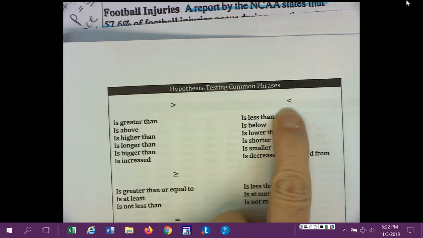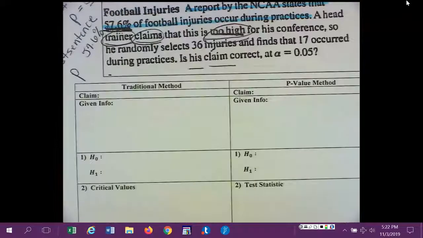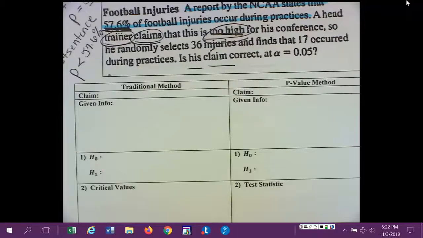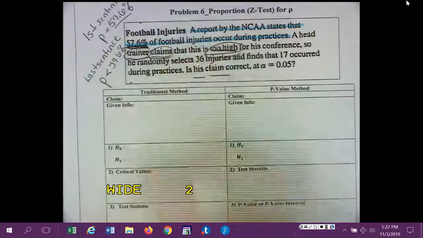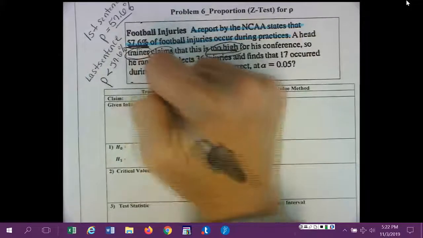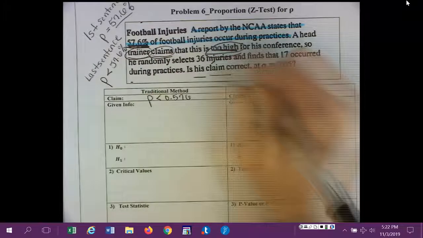If he's saying it's too high, then he's claiming that it's less than for his conference. So, and that can be kind of complicated, but it just has to make sense. Less than. So the claim is row less than 0.576.